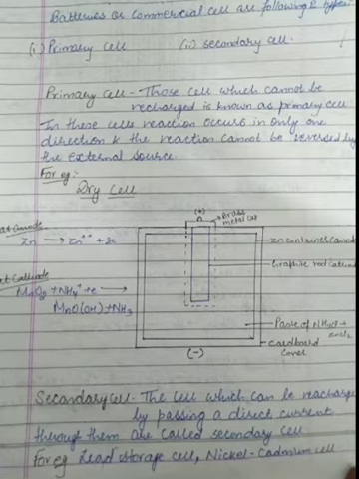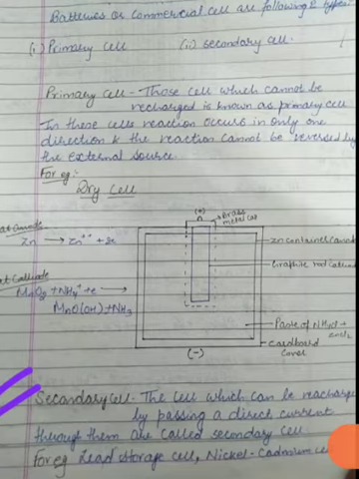Now students, let's talk about the secondary cell. As we said earlier, these are rechargeable cells that can be used again and again. Their examples are the nickel cadmium cell and the lead storage battery.